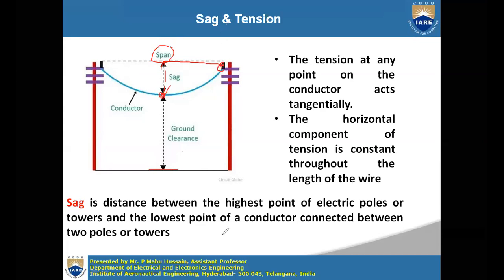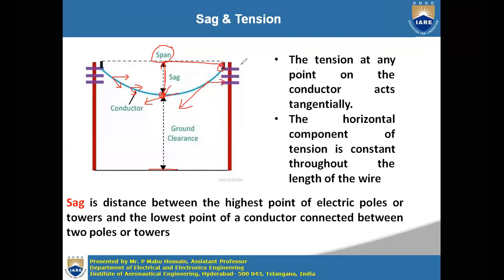Okay. And we will also discuss the tension. So tension at any point on the conductor acts tangentially, and the horizontal component of tension is always constant throughout the length of the wire. Tension is nothing but some form of force on the conductor. So it will always act tangentially like this, and these are the horizontal components.